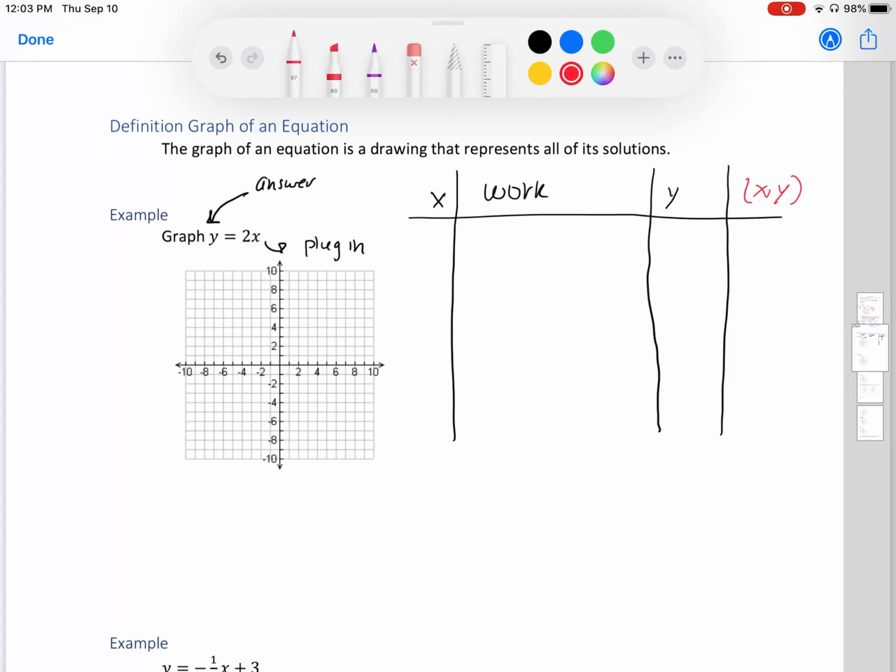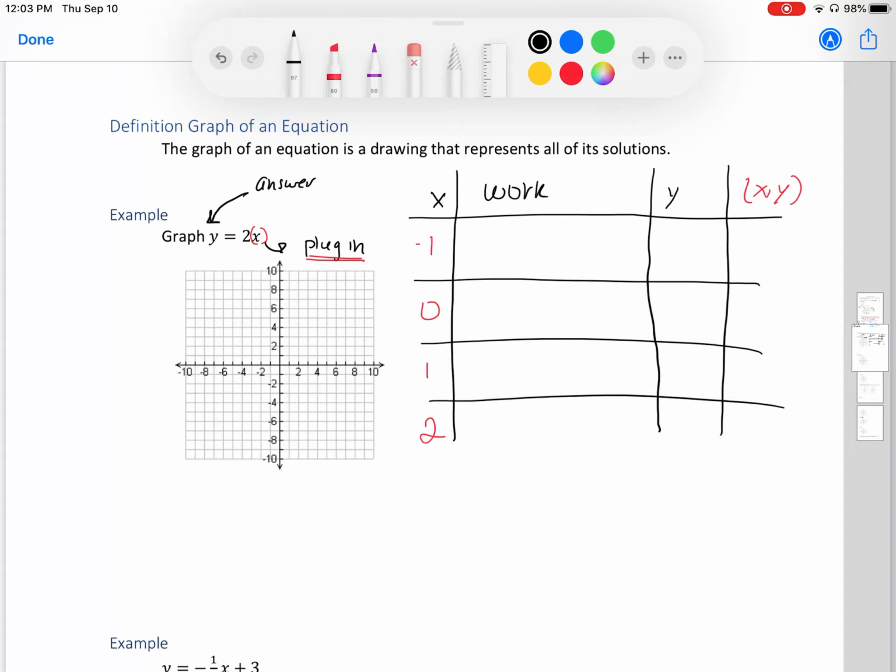So let's plug in negative 1, 0, 1, and 2. We chose these values, but you could have chosen whatever you wanted.